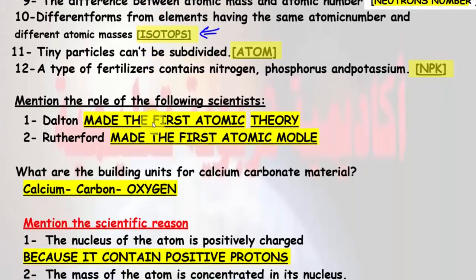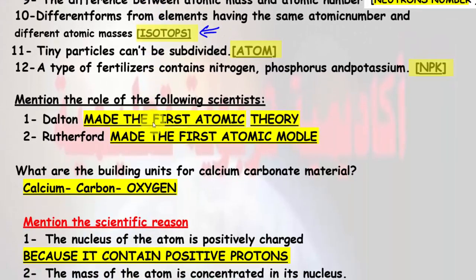Moving to number 11, tiny particles that cannot be subdivided, we call them atoms. A means none, atom means non-divided. A type of fertilizer containing nitrogen, phosphorus, and potassium, we call it NPK fertilizer.